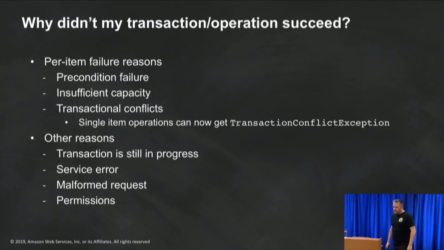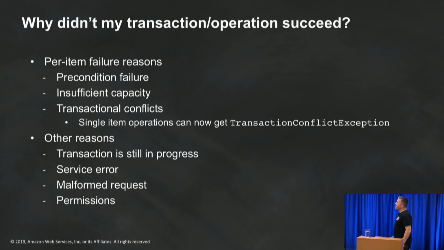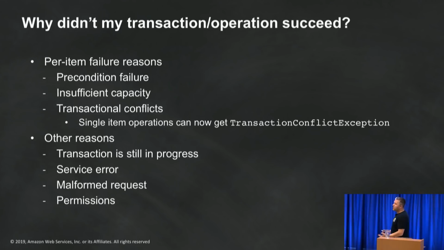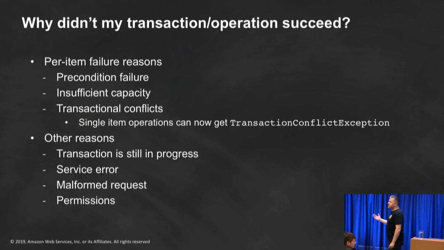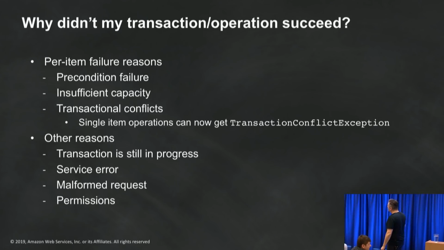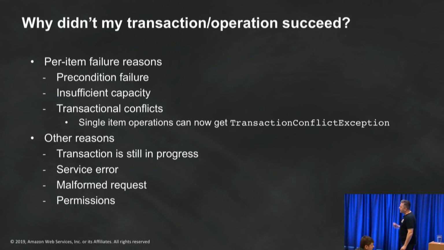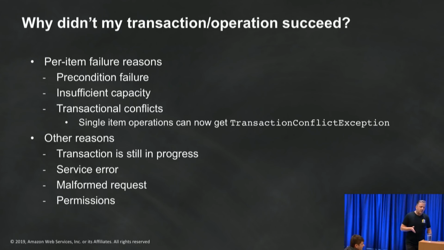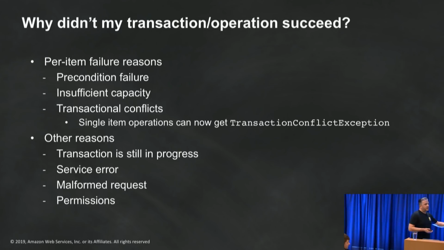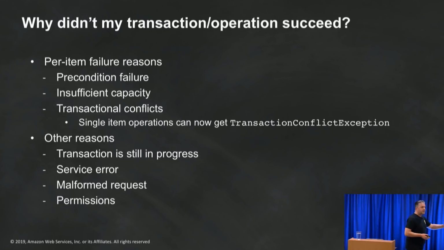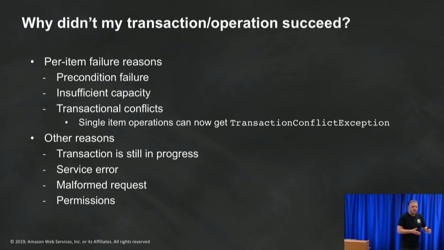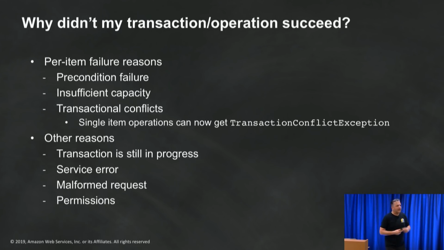Failure conditions. Things can fail. Things can fail for the same old reason that other operations can fail. But also, transactions can fail due to transactional conflicts, right? And those conflicts can be with other concurrent transactions. They can also be with other single item operations, which are transactional with respect to a single item.